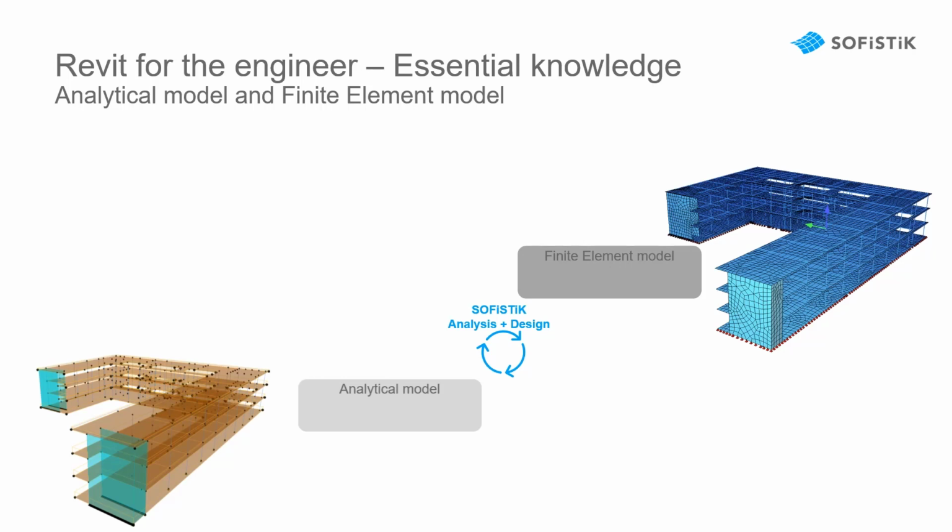For more complex or more detailed analysis, the features integrated in Revit may not be enough. Therefore, an access to the SOFiSTiK structural desktop and its complete range of tools is available. Relying on the already existing finite element model ensures a consistent data transfer regardless of the workflow chosen.